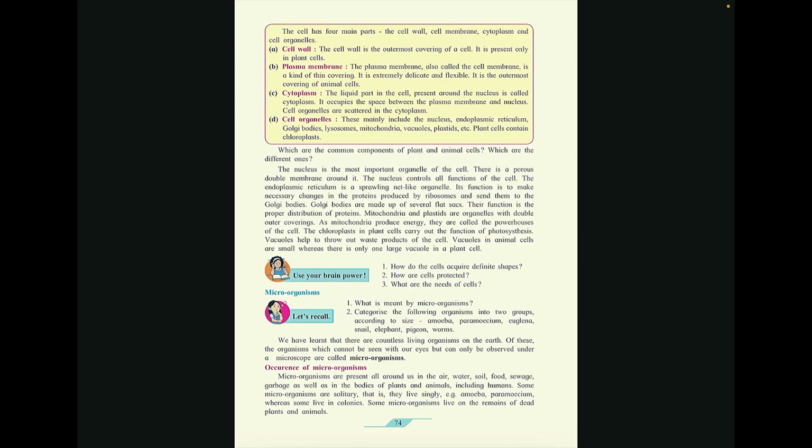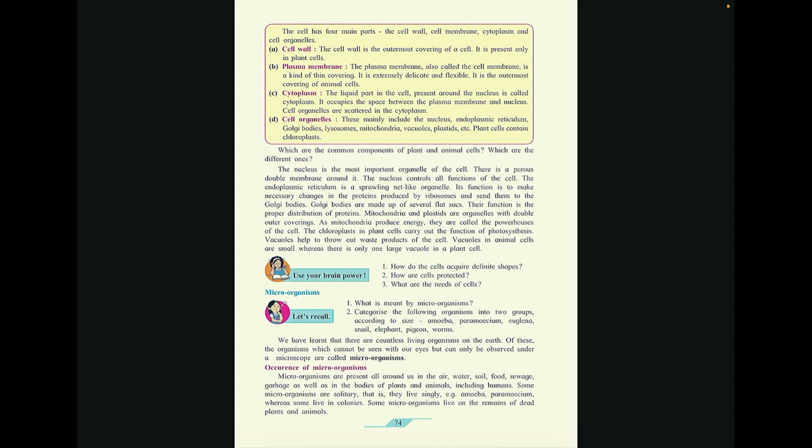Let's see the occurrence of microorganisms. Here they are saying where these microorganisms are present. These microorganisms are present in air, water, soil, food, sewage, garbage, and so on. Anywhere, everywhere, these microorganisms are present.